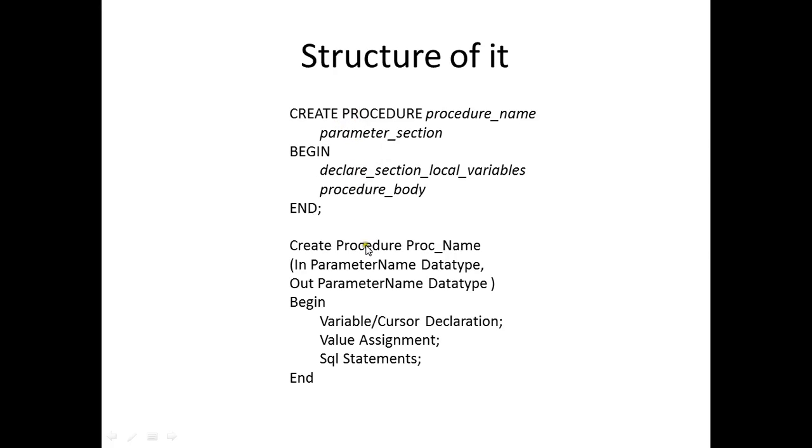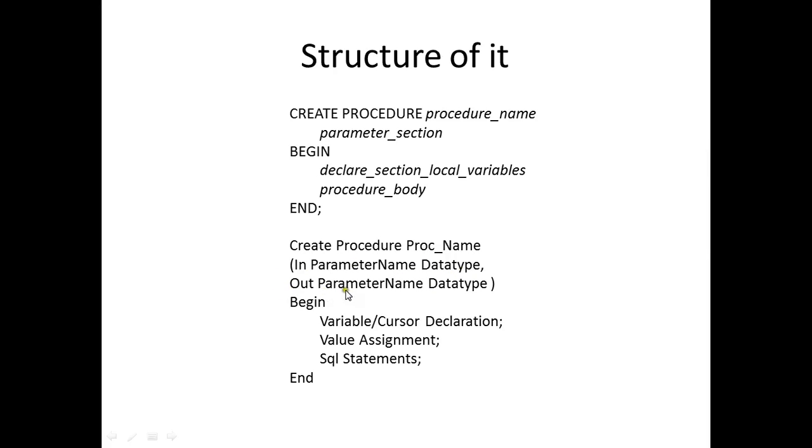If you go further inside, you can see that you can provide a procedure name, and parameters can be input parameters and output parameters. Input parameters are the parameters for which you pass a value, and then here is their data type.